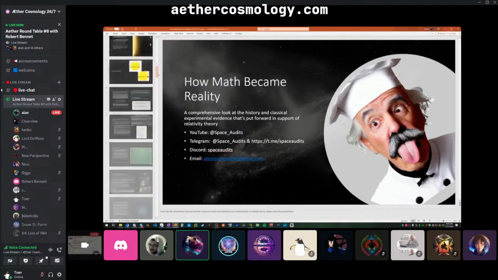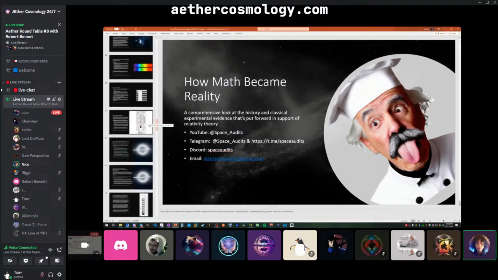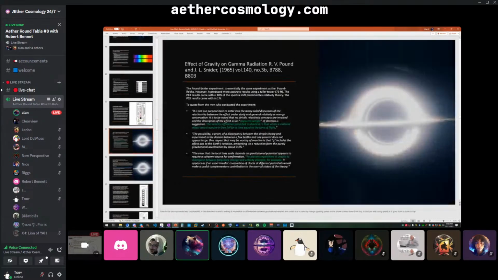So look at this. So this is what they say. Their first paper was titled On the Apparent Weight of a Photon, and they were saying, hey, we're making no claims about the confirmation of relativistic effects here.